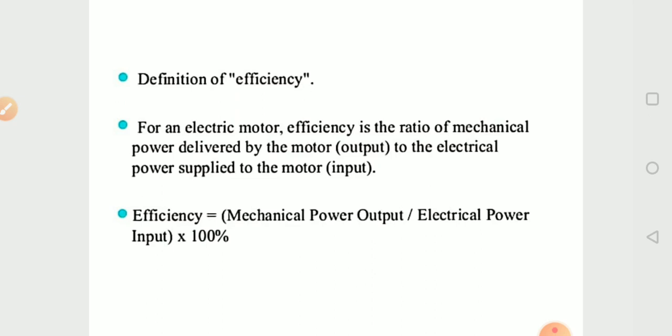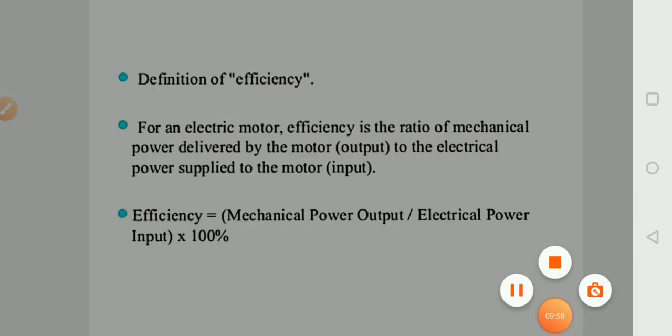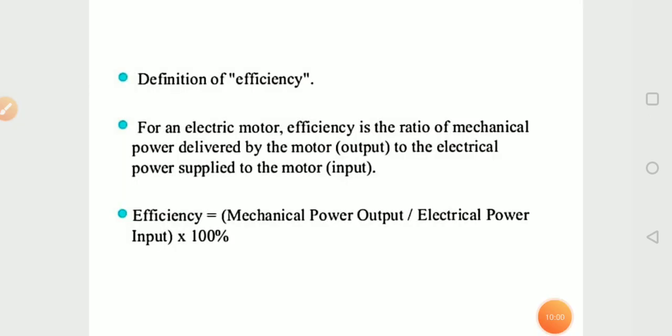To reduce these losses, we should use an energy efficient motor, and we can reduce these losses by 20 to 30% by using the energy efficient motor.